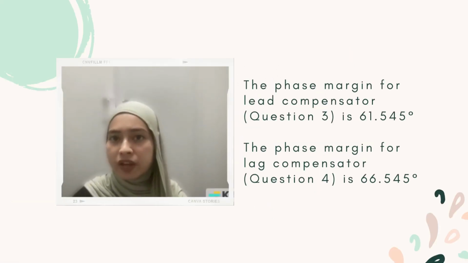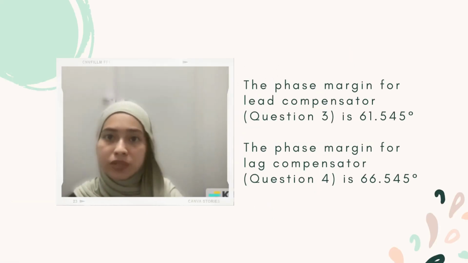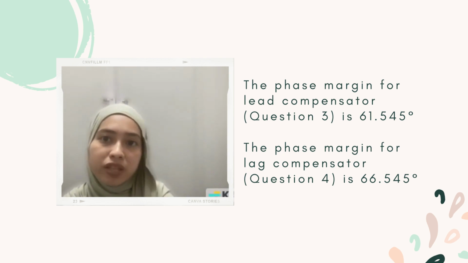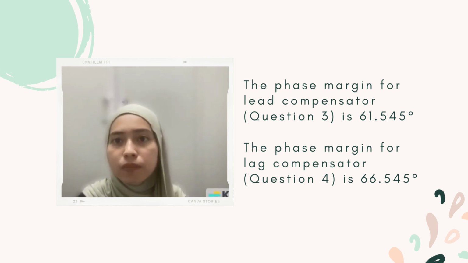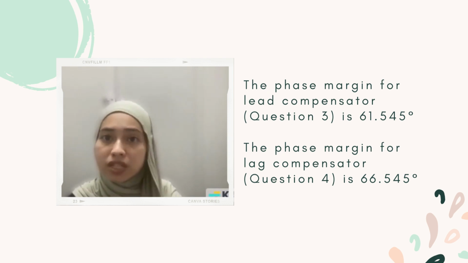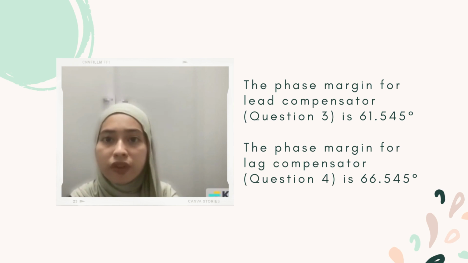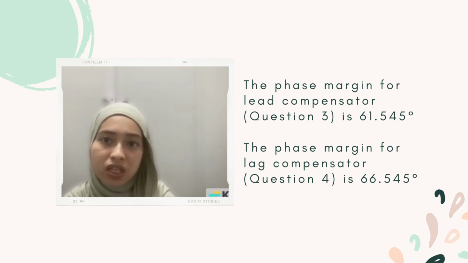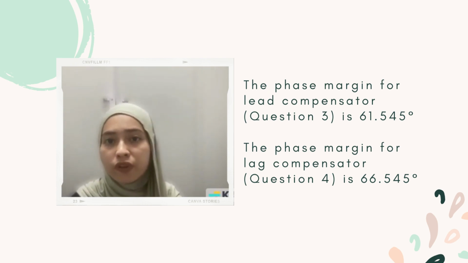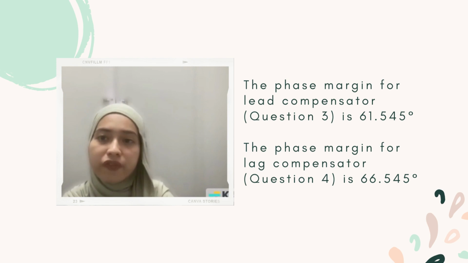Okay, for question 5, based on question 3, which is the lead compensator, and question 4, which is the lag compensator. The lag compensator can be used to improve the phase margin by 10% because the phase margin for the lag compensator has a bigger value compared to the lead compensator. The phase margin for the lead compensator in question 3 is 61.545, and for the lag compensator in question 4 it is 66.545.